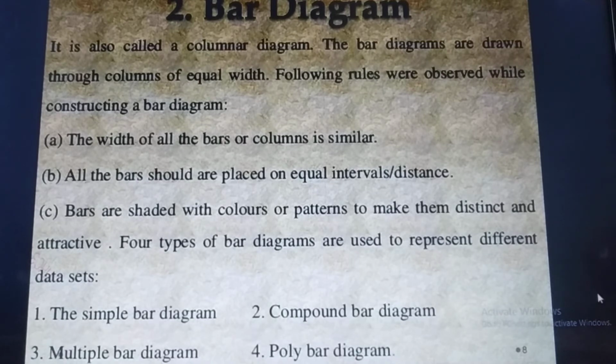Bars are shaded with colors or patterns to make them distinct and attractive. Four types of bar diagrams are used to represent different data sets: the simple bar diagram, compound bar diagram, multiple bar diagram, and poly bar diagram.